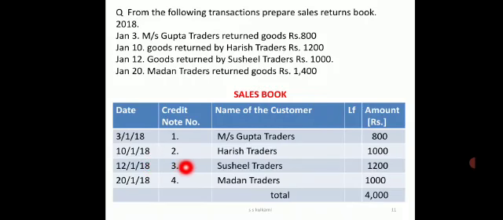Then it is the 3rd credit note, Sushil Traders, 1200. And lastly on 20th I have the last return made, that is Madan Traders. I will write in the particulars column Madan Traders, the name of the customer, and 1000. So you have to make the total of the returns, it amounts to 4000. So here we complete our sales returns also.